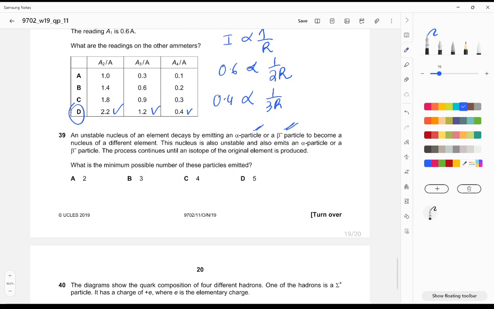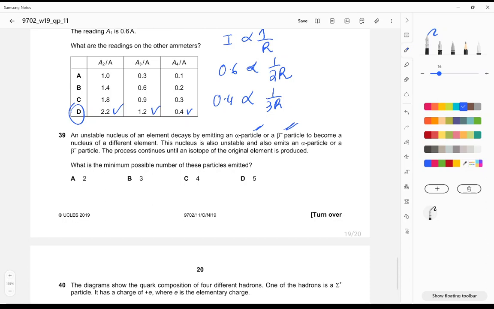The nucleus is also unstable and also emits an alpha particle or a beta negative particle. The process continues until an isotope of the original element is produced. What is the minimum possible number of these particles emitted?